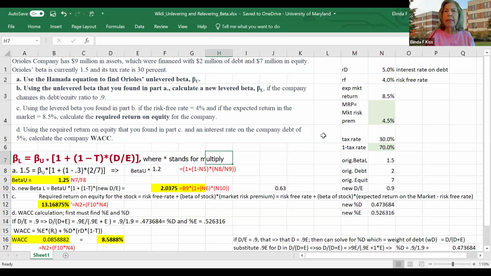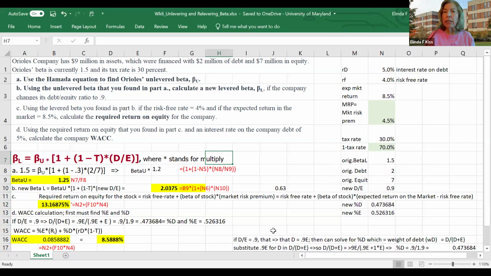We are assuming that this company does not use preferred stock, only debt and equity. To calculate the percent of debt, which is known also as the weight of debt, we need to convert our new debt equity ratio into the percent of debt. That process is described in rows 16 and 17 on the right here in the Excel.